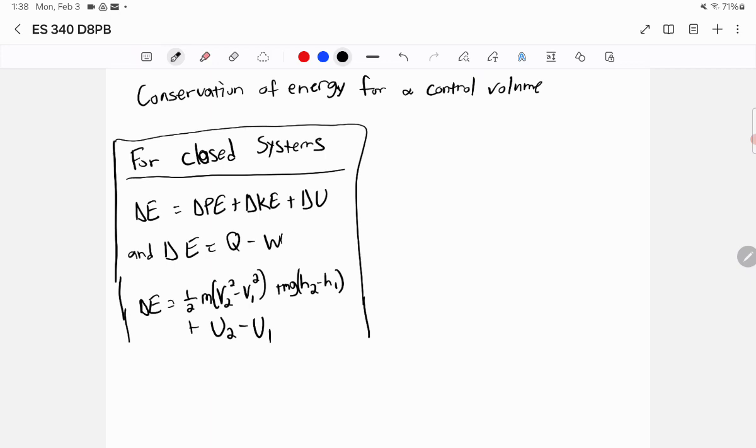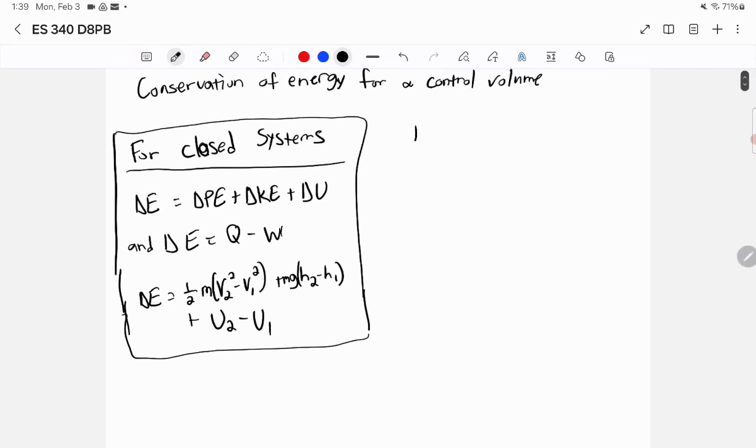That was, if I were to write it out in terms of the various things, the expanded version, right?